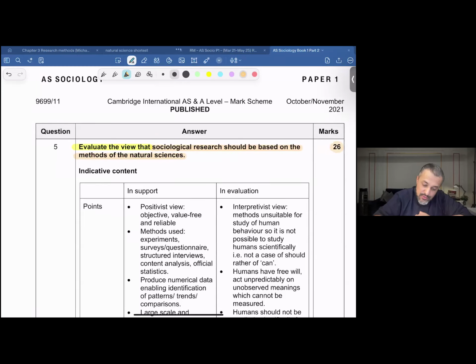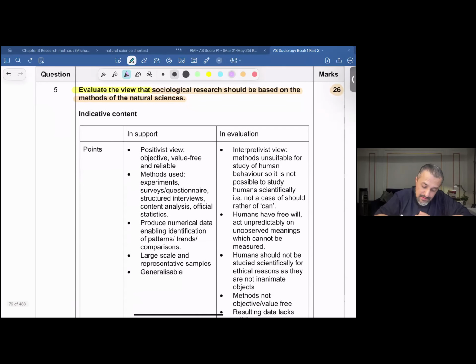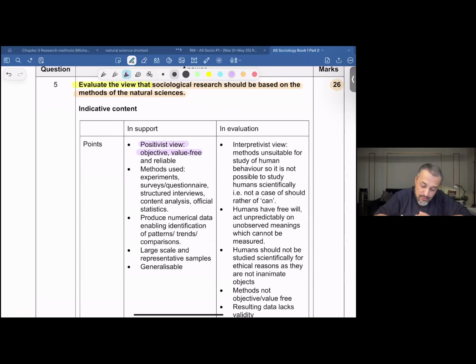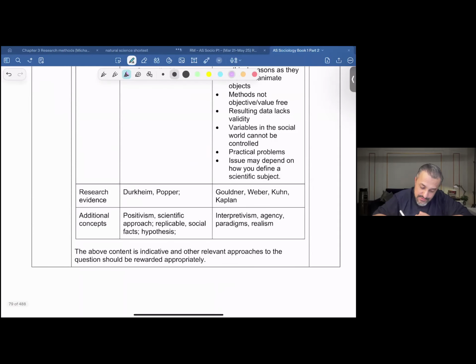This is a 26 mark question. This is from October, November 2021, variant 11. In support of this, we have positivist view about objectivity, value freedom, and reliability. And yes, if you take this ahead, we see positivism written over here that we just studied.